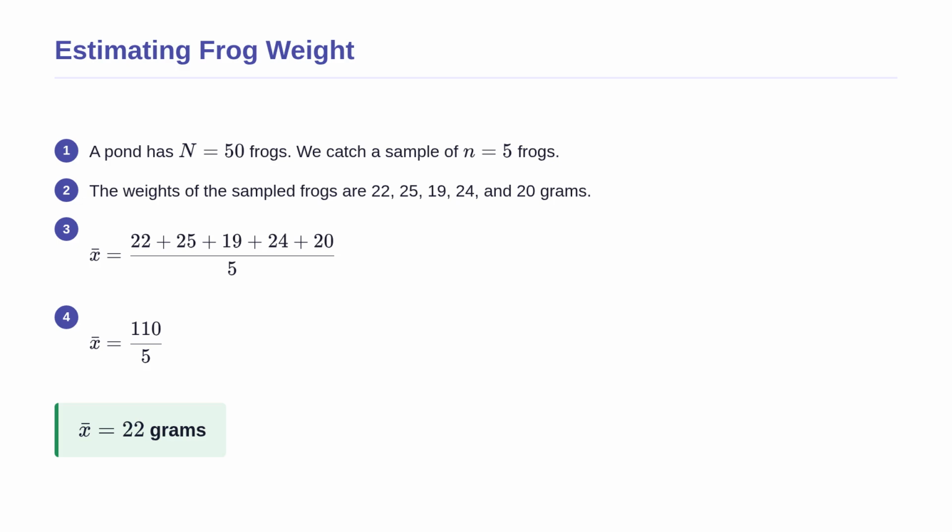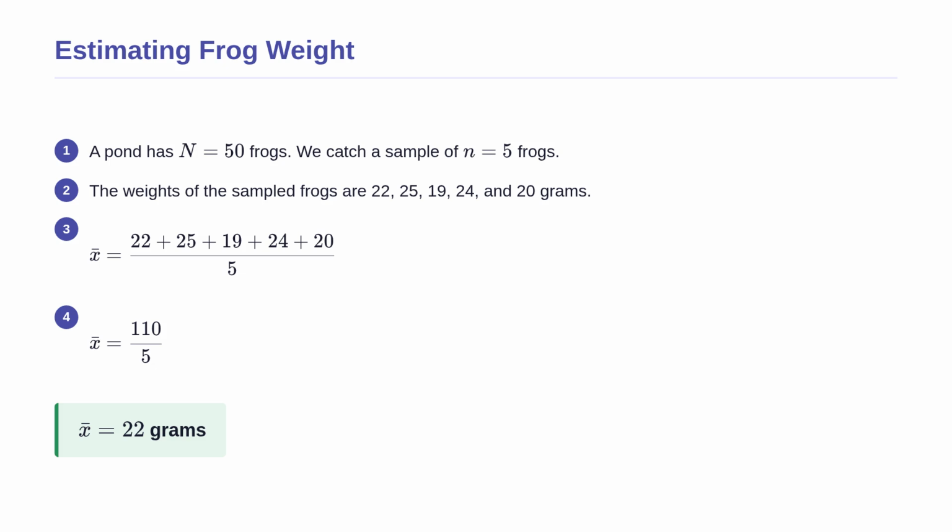Now that we have our formula, let us apply it to a concrete example. Imagine a pond with exactly 50 frogs. Catching all 50 to find the true parameter mu is too difficult. Instead, we catch a sample of 5 frogs and weigh them.